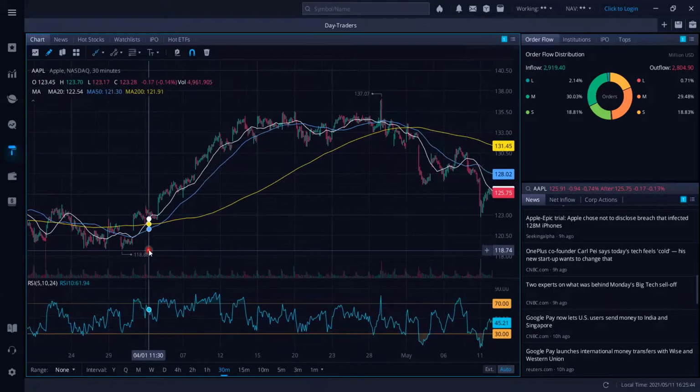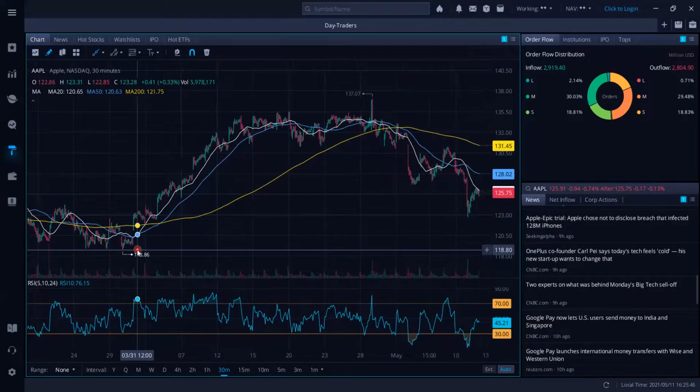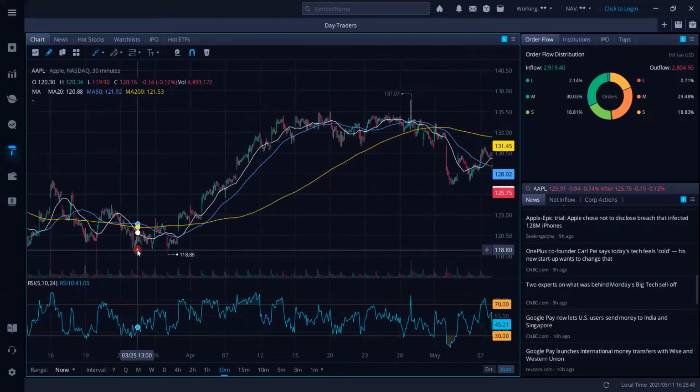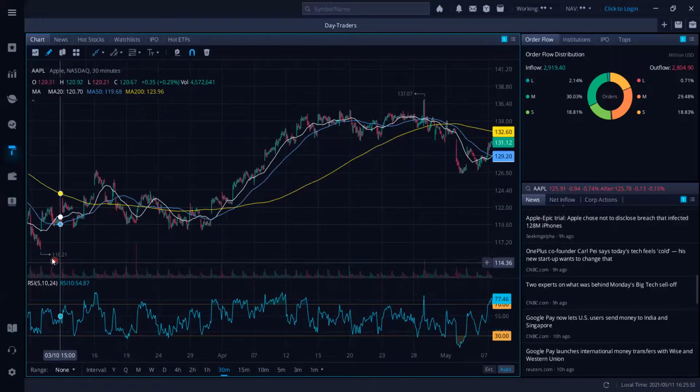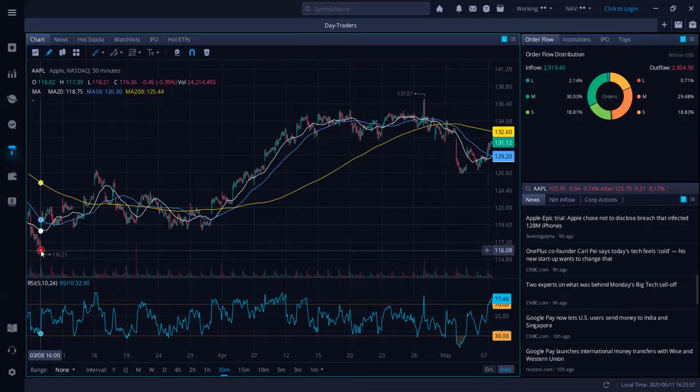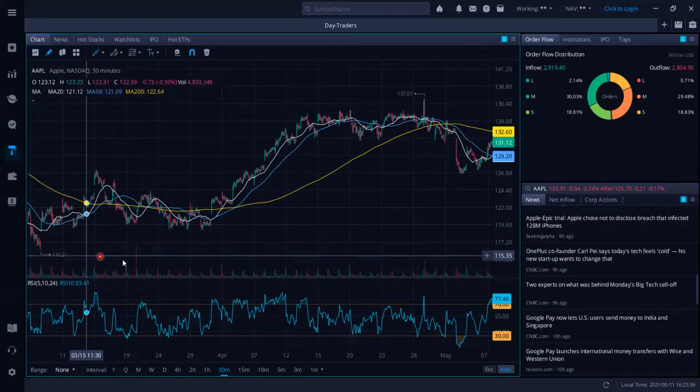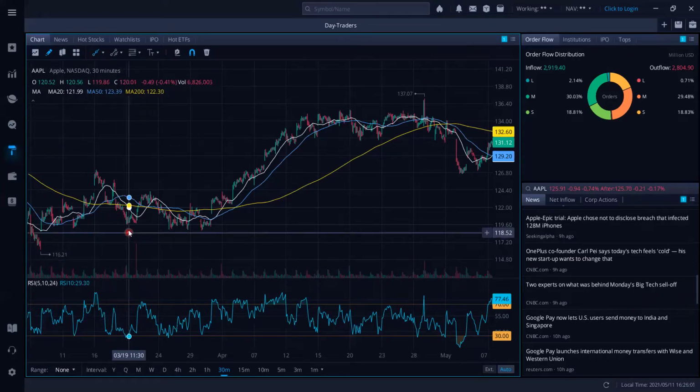So I'm gonna use this. Let's see here. We're oversold about right here. Not about right. I'm gonna go with this one right here. This one kind of started the upward trend, right?